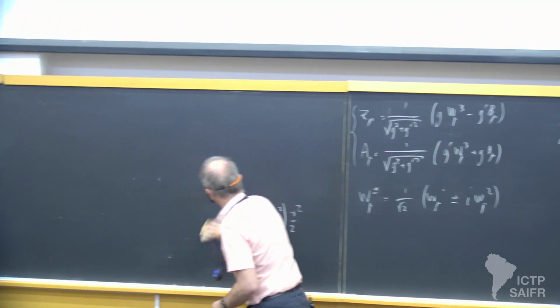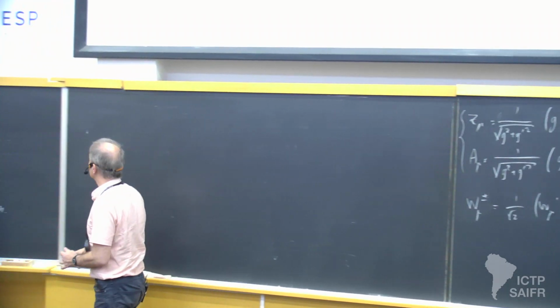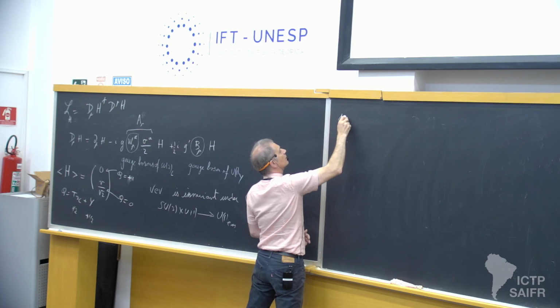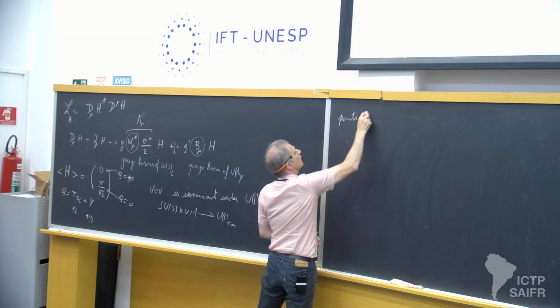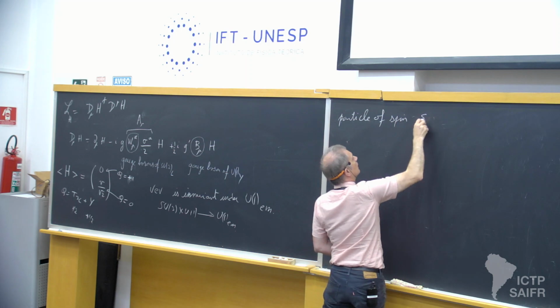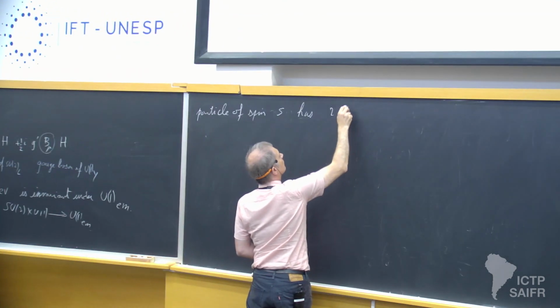Right. So let's remember quantum mechanics. Quantum mechanics tells you that a particle of spin s has 2s plus 1 degrees of freedom.